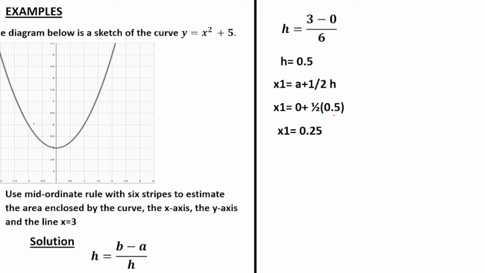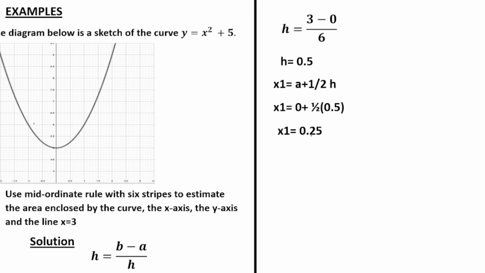So after obtaining the value of h and the value of x1, we then need to get a table comprising the x and then the y. The values of x will simply be 0.25, then the next one will be 0.25 plus 0.5, and we continue until we get the number of strips wanted.